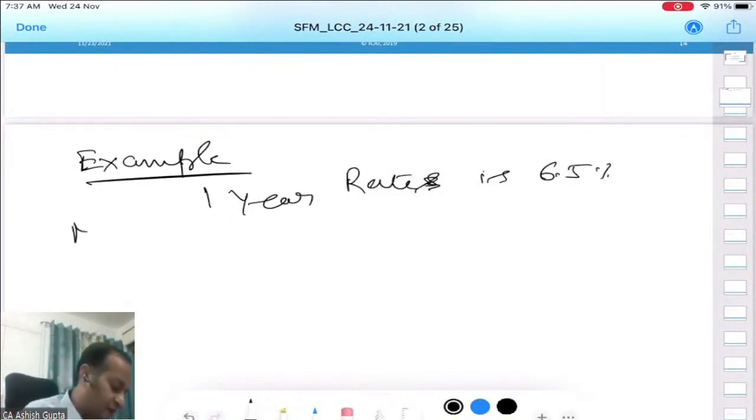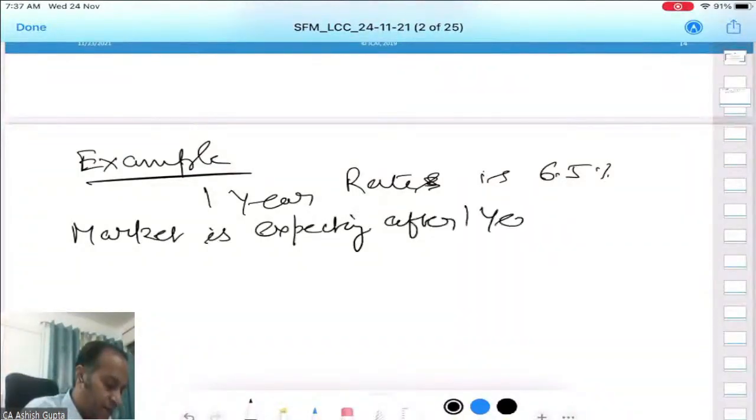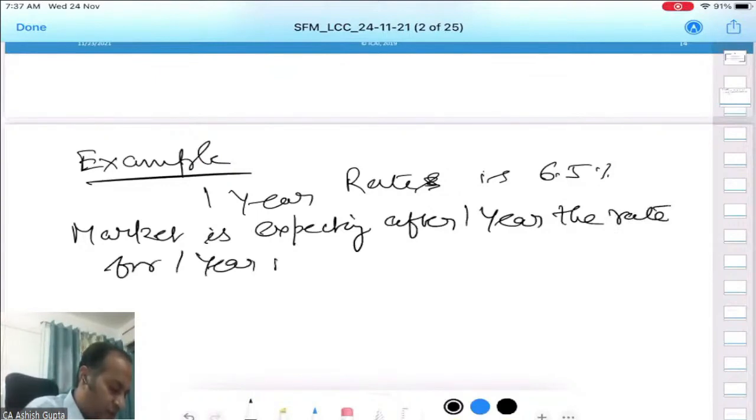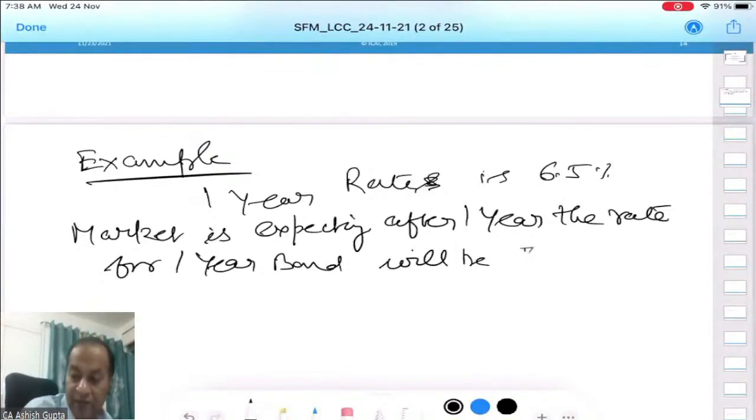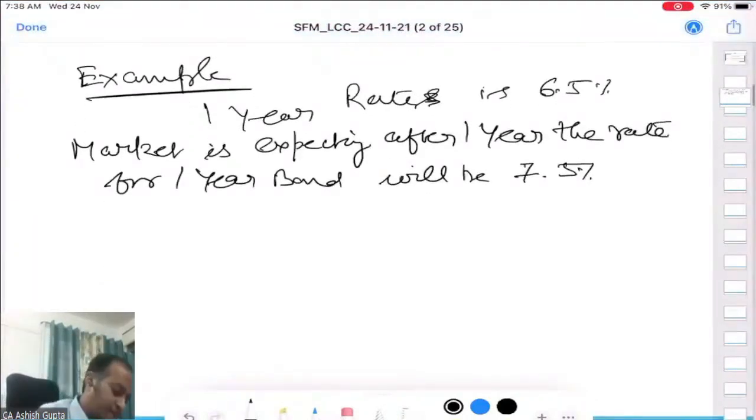Okay, and the market is expecting that after 1 year, the rate for a 1 year bond or money market instrument will be, say, 7.5%.